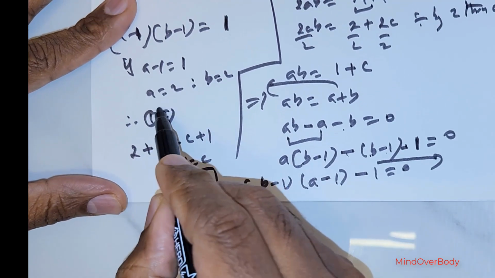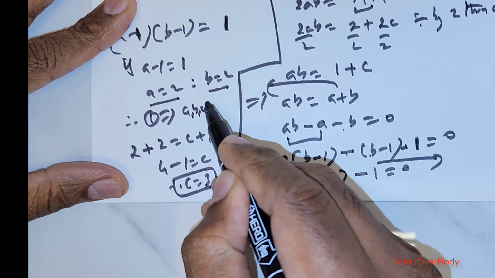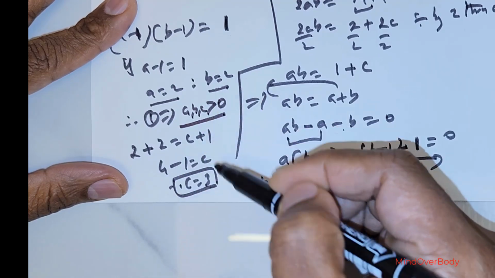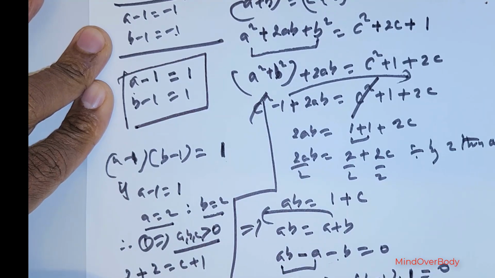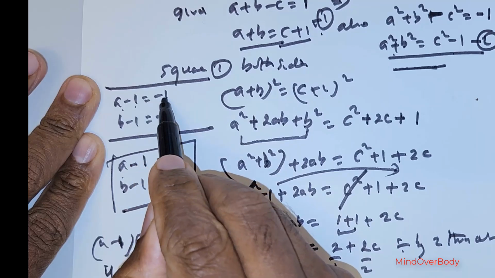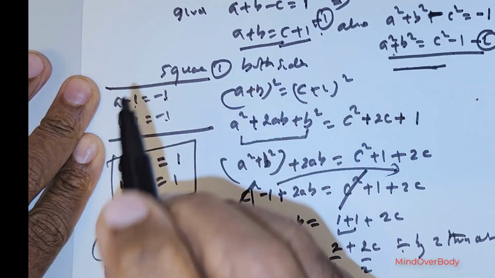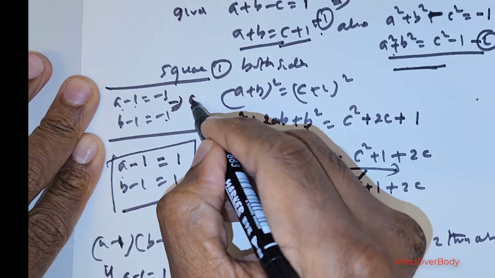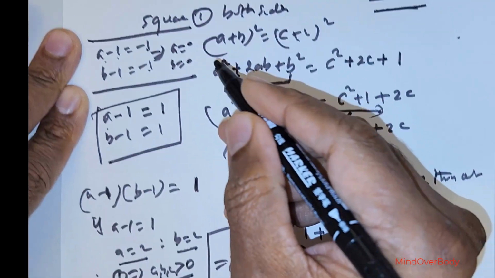So clearly a, b, c are all greater than 0 when I have this as my solution set. On the other hand, if I were to take a - 1 = -1, this also is a part of the solution, but in this case a will be equal to 0 and b will be equal to 0, so we don't need this.